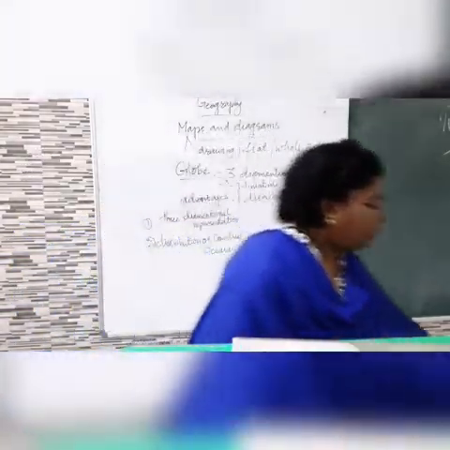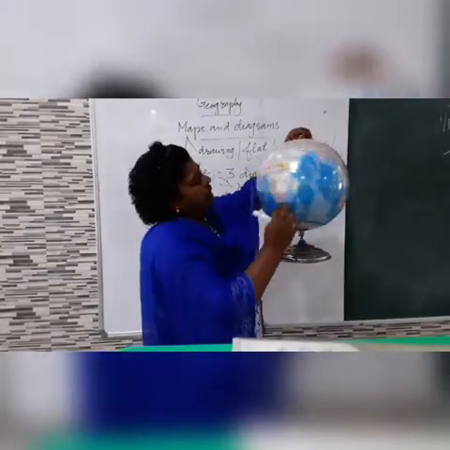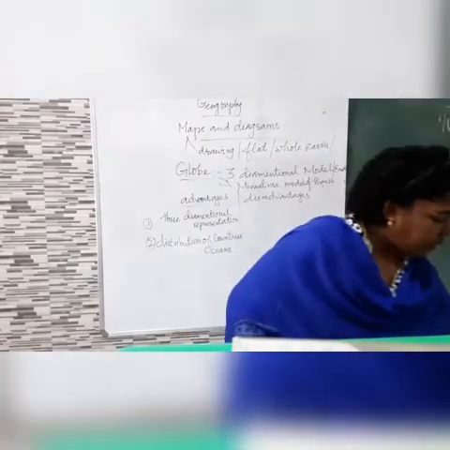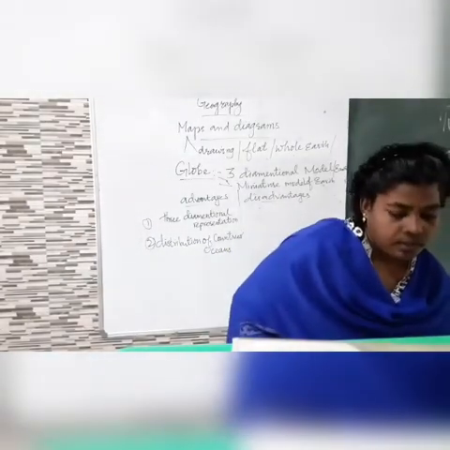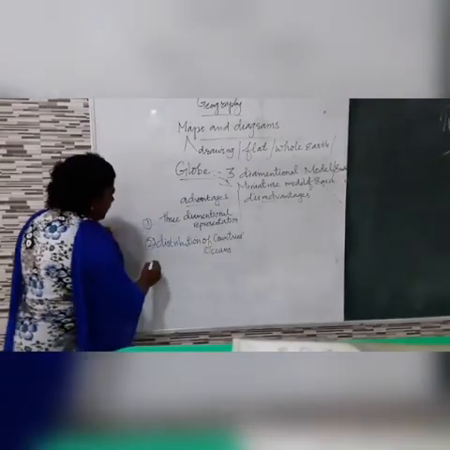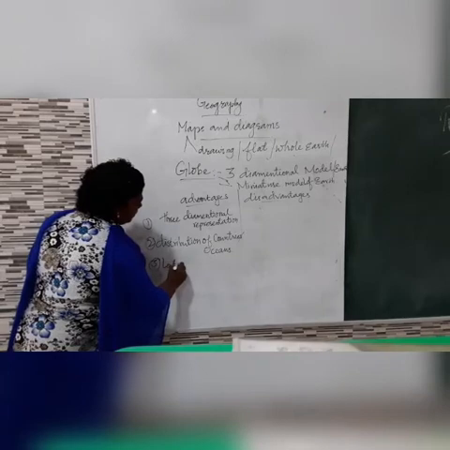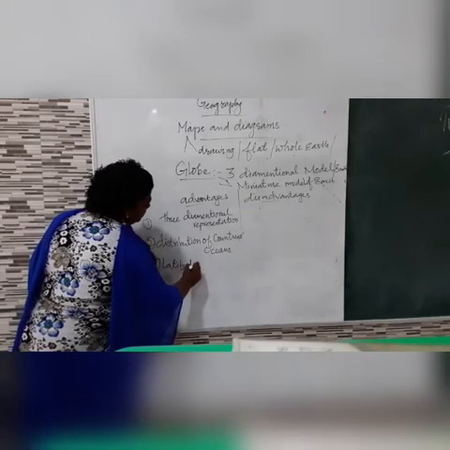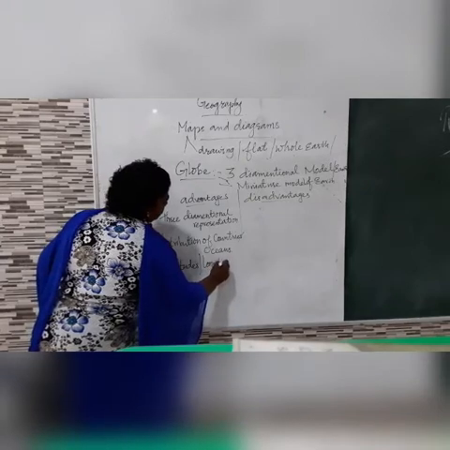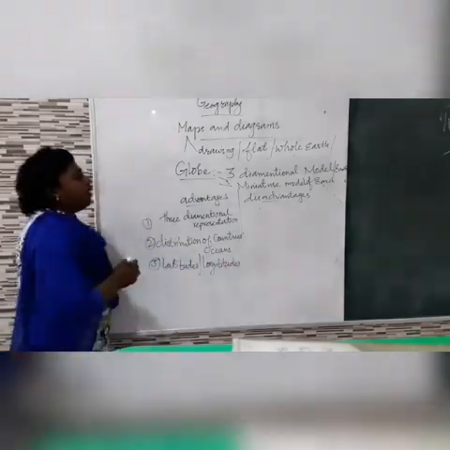So different continents and oceans are seen in distribution. And the third usage of globe is latitudes and longitudes are shown. What we can see, latitudes and longitudes are shown in the globe.